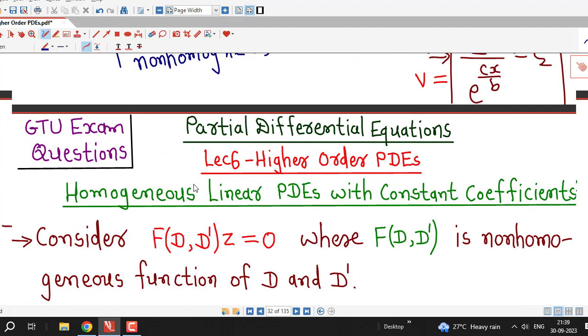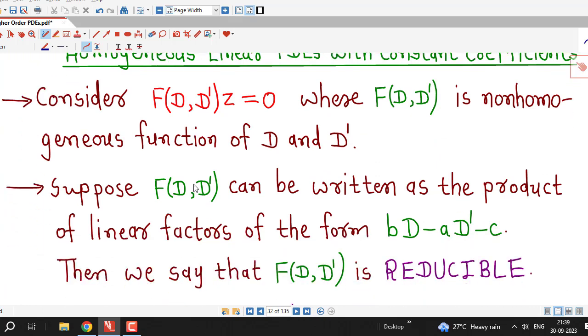This is the summary of lecture 5. If our function f(D, D') is non-homogeneous, and if we are able to write f(D, D') as a product of linear factors of the form bD minus aD' minus c, then we say that f(D, D') is reducible.